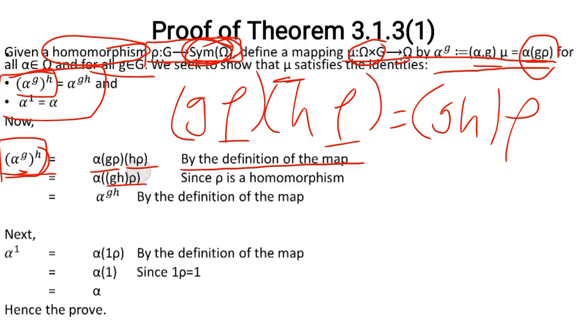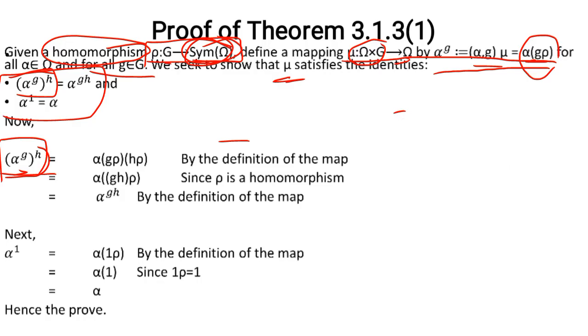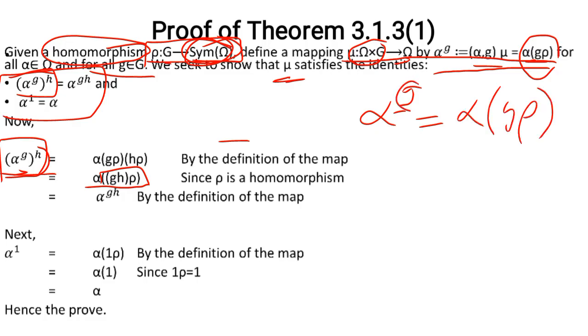Let me clean this. So what is this by definition when rho acts on it? Look at what happens here. When we have alpha G, it is the same as alpha G rho. You can see, because of the permutation, this becomes this right in here. Now I'm going to write the other side.